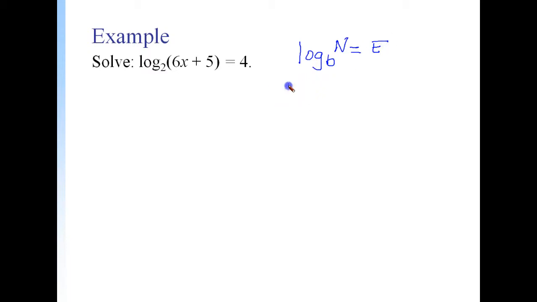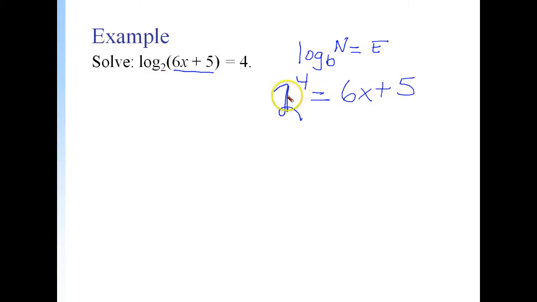So we said the log of our base, which in this case is 2, is going to equal, this would be our answer, this is our exponent, which is 4, that would equal this. So we have converted from a log form to an exponential form.